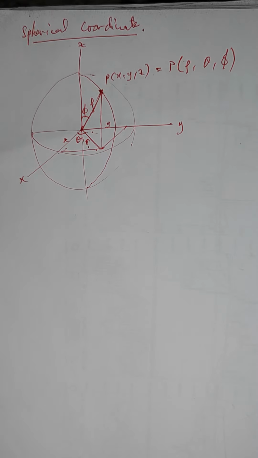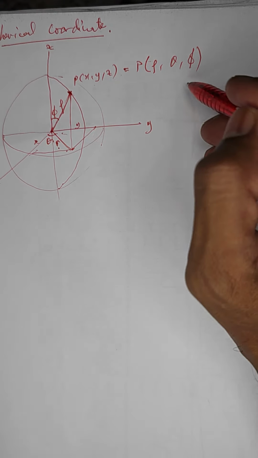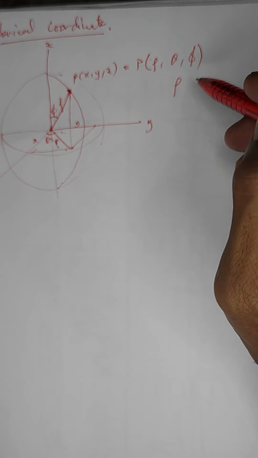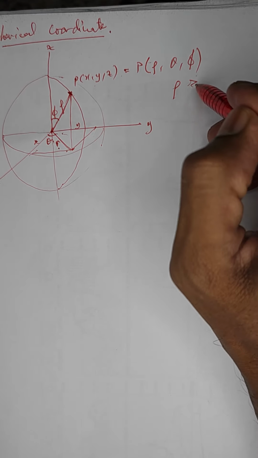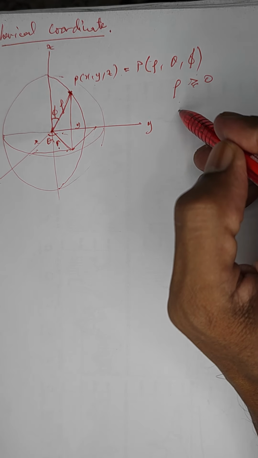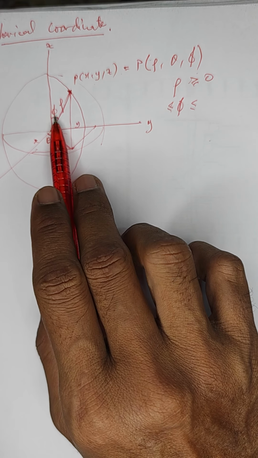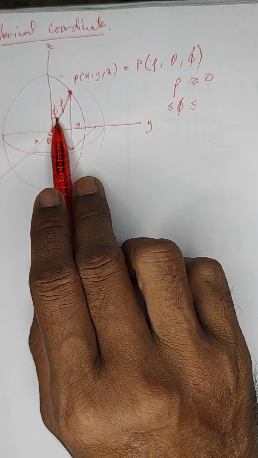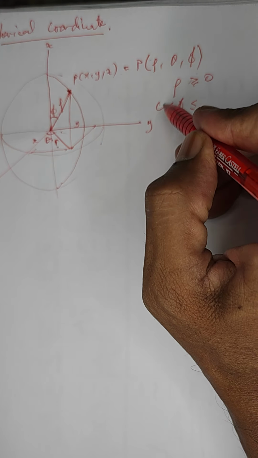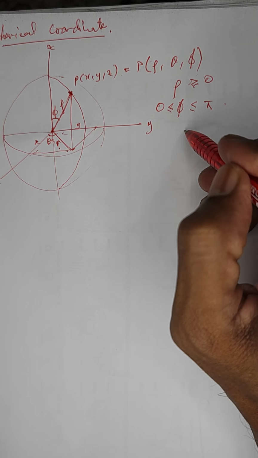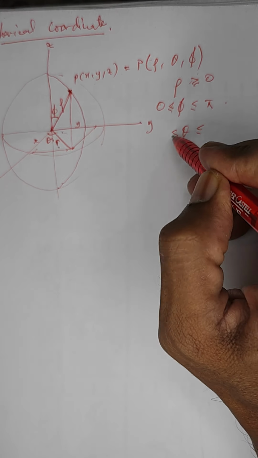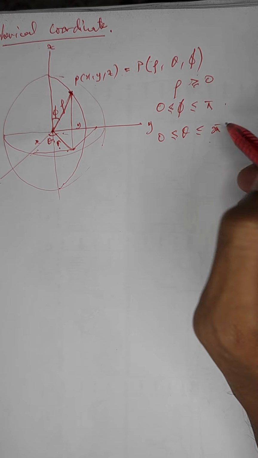Don't change those things. Of course rho is positive, and phi is between 0 and pi, and theta is from 0 to 2 pi.